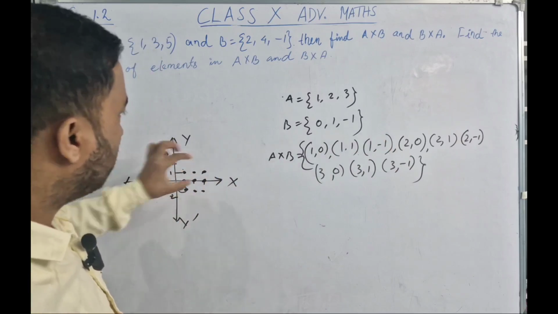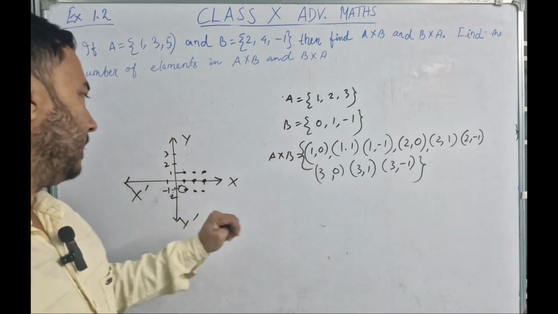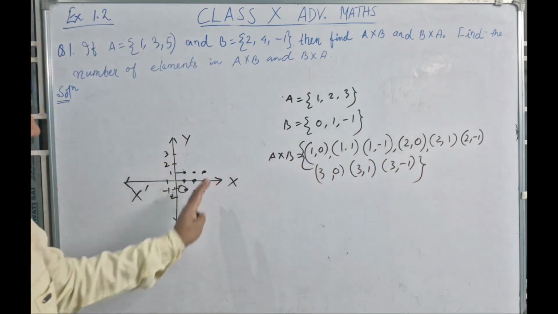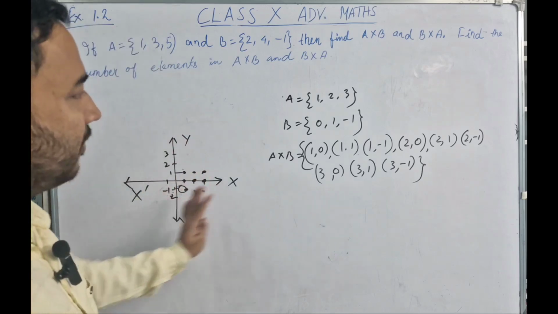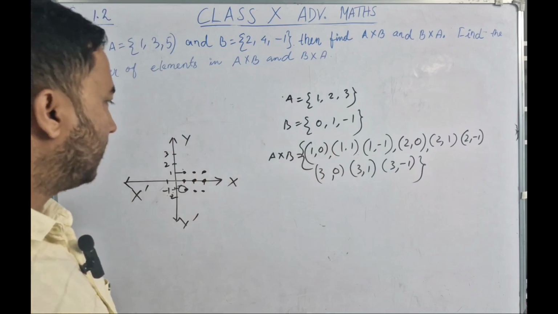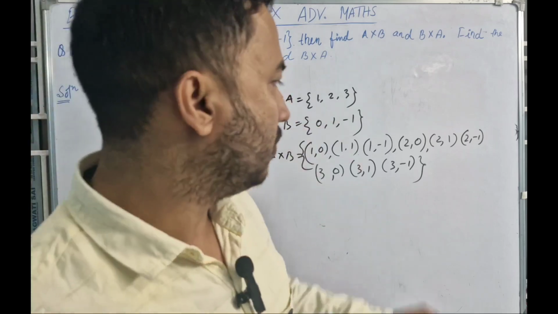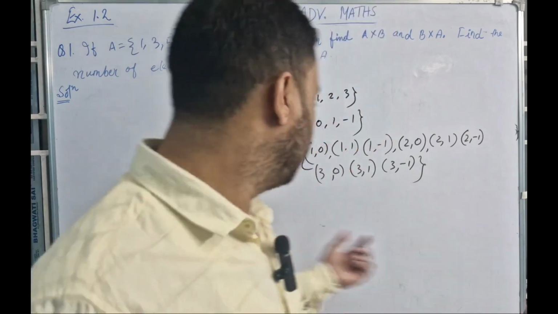So this is the graph of the set A cross B. All these elements in the set A cross B can be represented in this Cartesian plane, right? In this way, other graphs are also there. I have already shown the arrow diagram, and this is the graph.